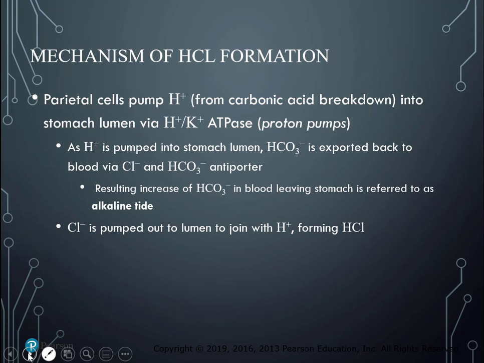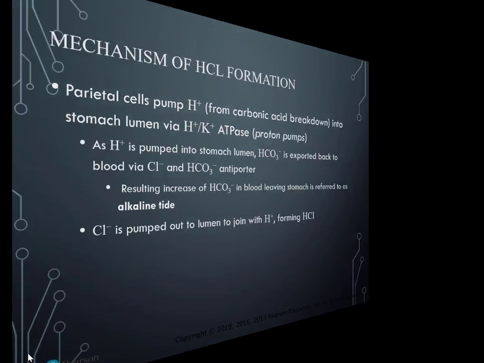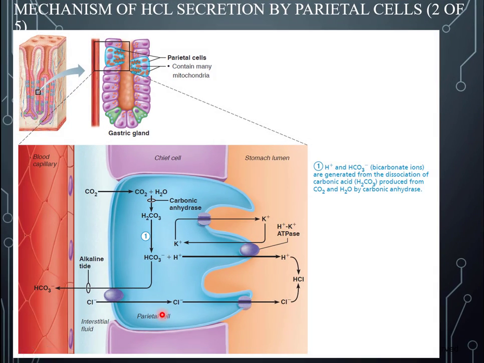There is also a chloride that is pumped out to the lumen to join the hydrogen ion, and thus forming hydrochloric acid. You're probably wondering, hydrochloric acid is an inorganic acid that is really very acidic, a very strong acid. How the heck are we forming this? Well, this is exactly how we form our hydrochloric acid.